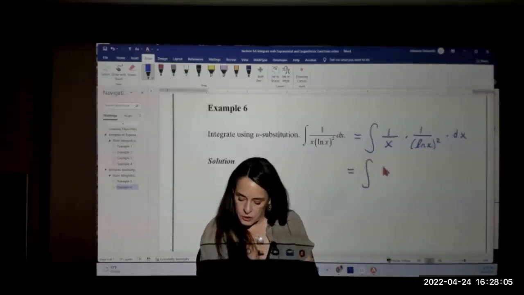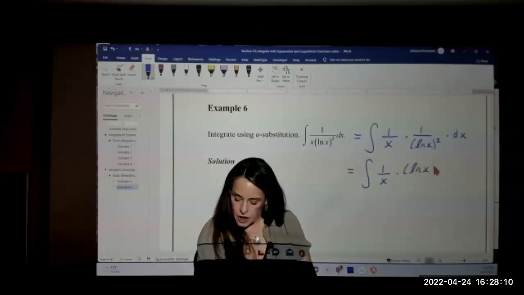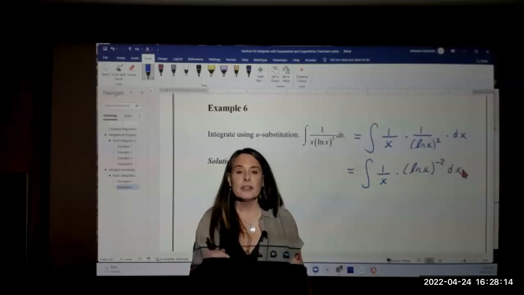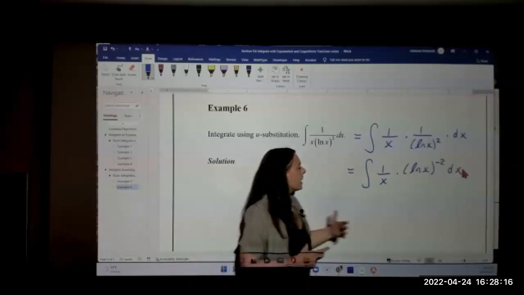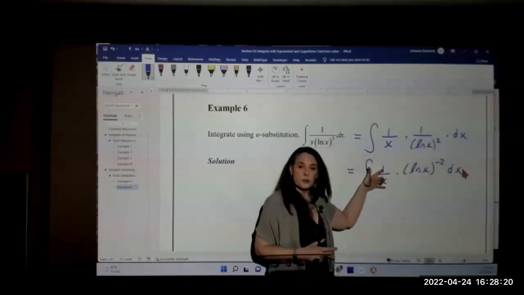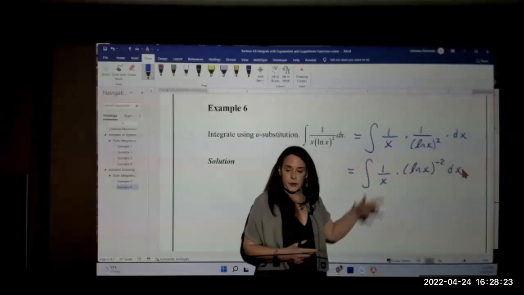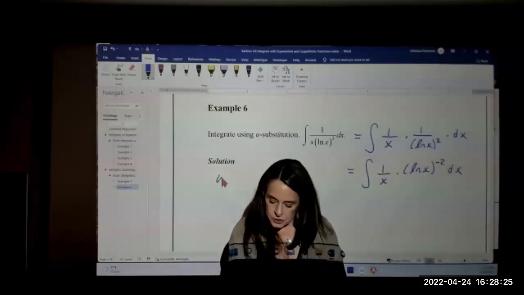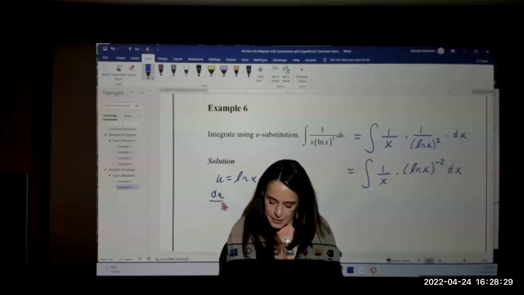This would make it the integral of 1 over x times the quantity natural log of x to the -2 dx. Now it seems more clear that I should choose natural log of x for u because I can see the derivative of it already in the integrand. So I choose u to be natural log of x, and we've done this several times already.